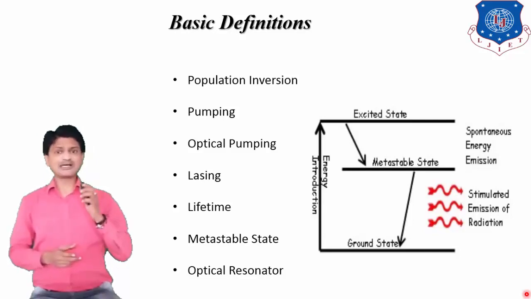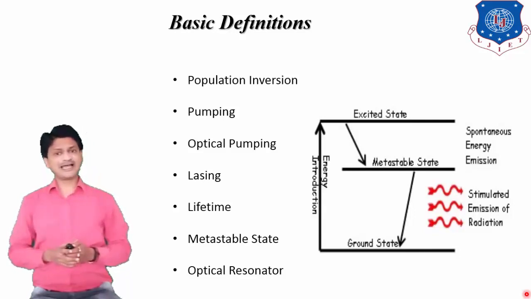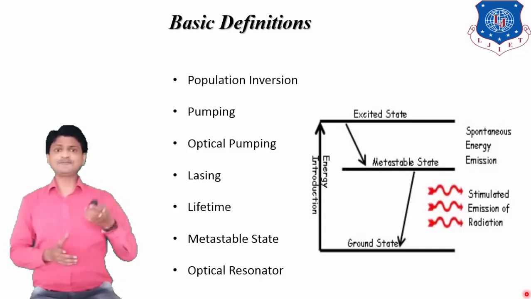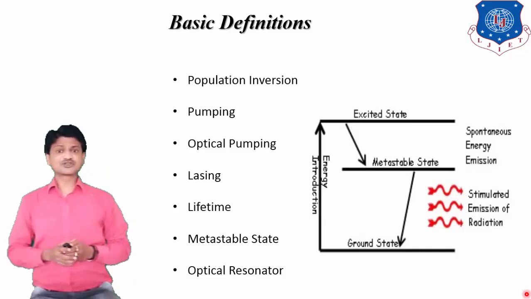So by population inversion we can achieve a higher number of atoms in the high energy level, but after that, the process which leads to the emission of stimulated photons is known as lasing. So basically we can say that this process occurs after population inversion.